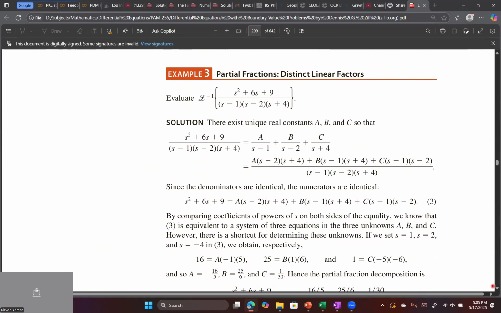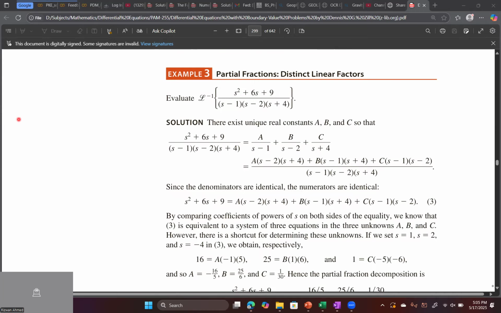So the next example, example 3, contains a structure which has a numerator and denominator. We have s squared plus 6s plus 9 over s minus 1, s minus 2, and s plus 4.